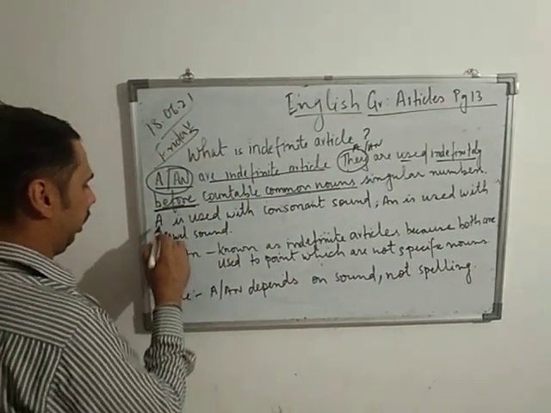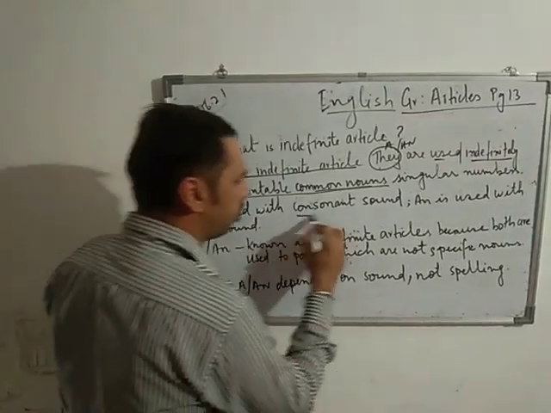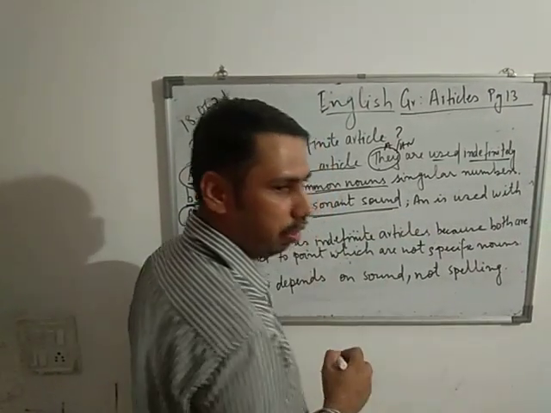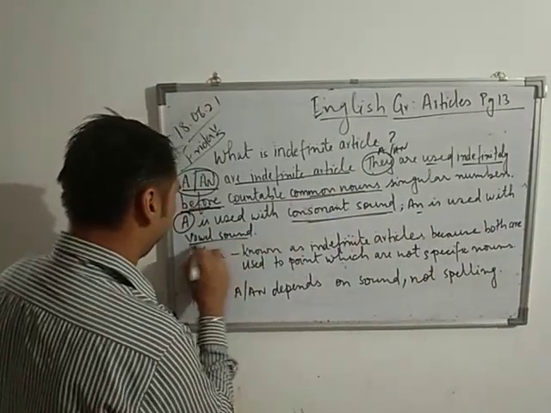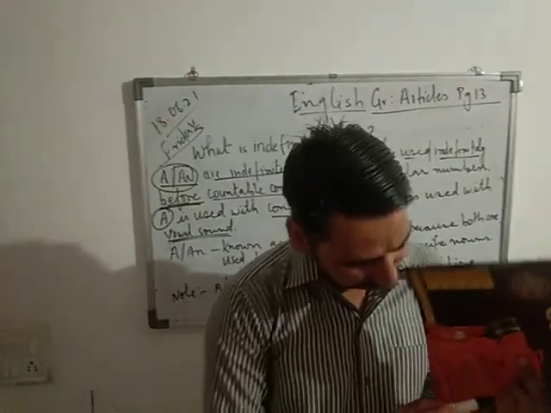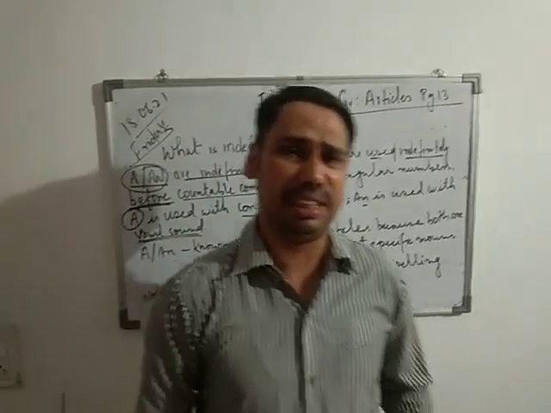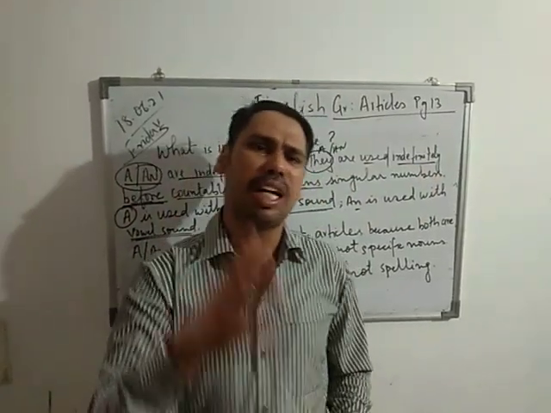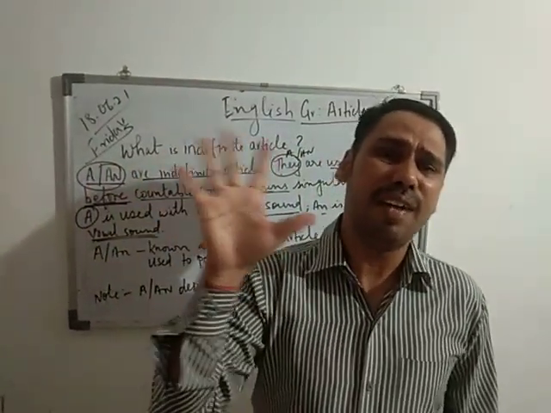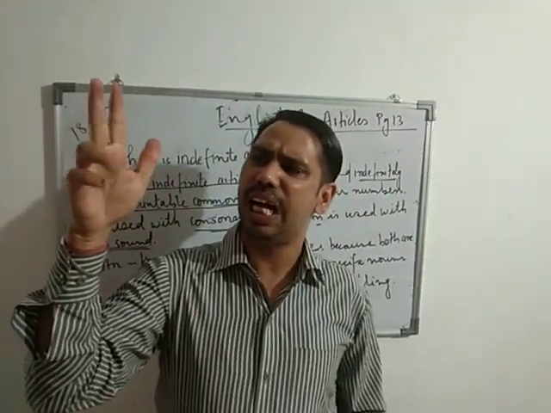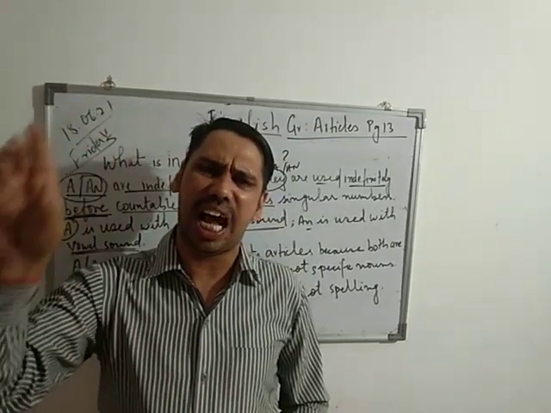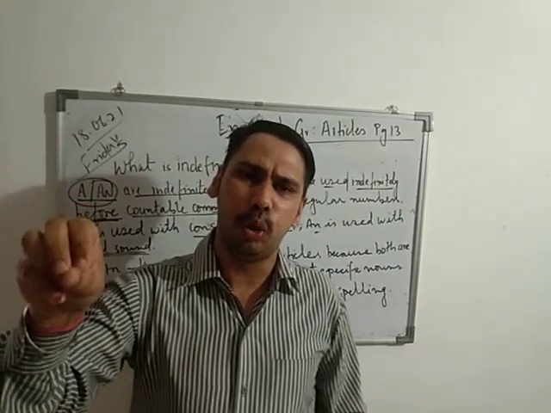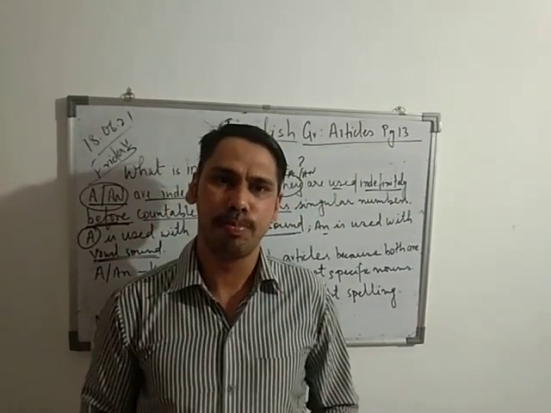With singular nouns, a is used with a consonant sound, and an is used with a vowel sound. Remember, we have 26 alphabets in English: 21 are consonants and 5 are vowels, A, E, I, O, U. When the sound starts with A, E, I, O, U, we place an.